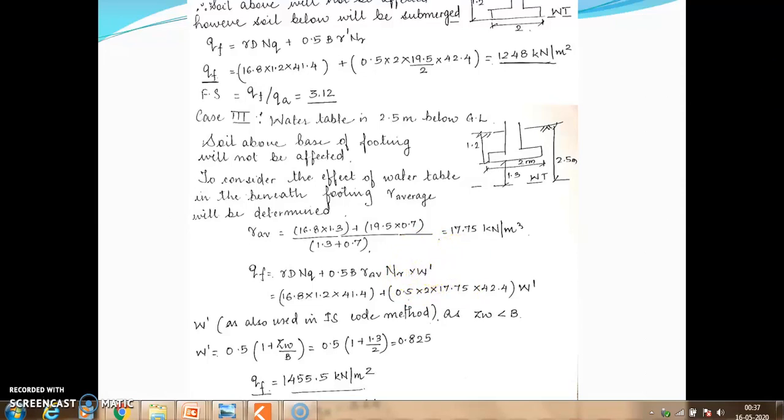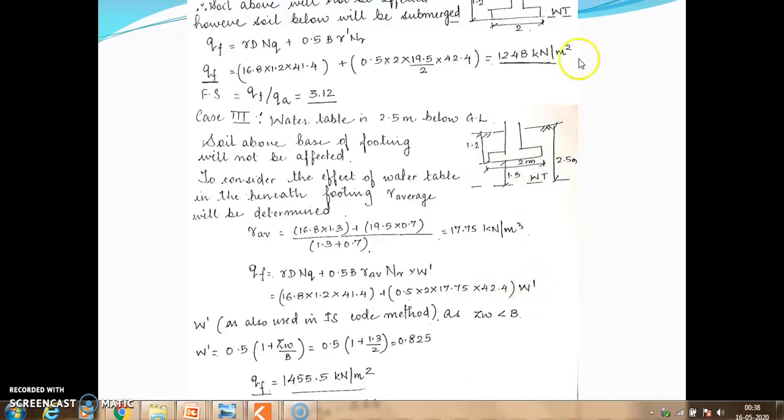If the water table is below D plus B depth, then this correction factor becomes 1. Taking this particular problem as an example, if it's anything below 2 plus 1.2, that is 3.2 meters, then this W dash is going to be 1, meaning it's not going to affect.